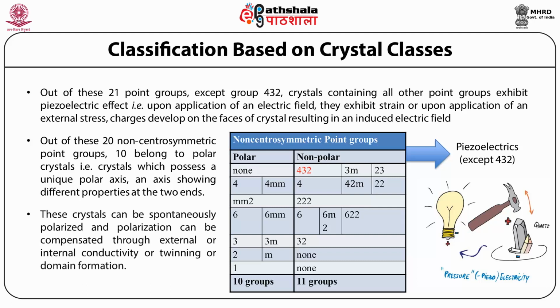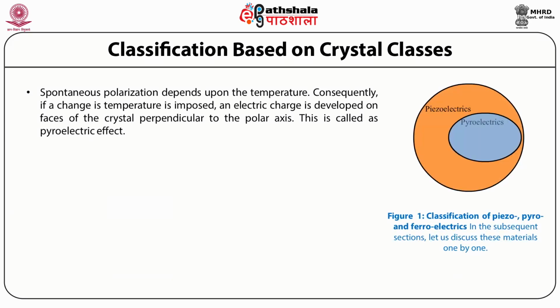So these crystals can be spontaneously polarized, and the polarization can be compensated through external or internal conductivity or twinning of domain formations. The spontaneous polarization depends upon the temperature.